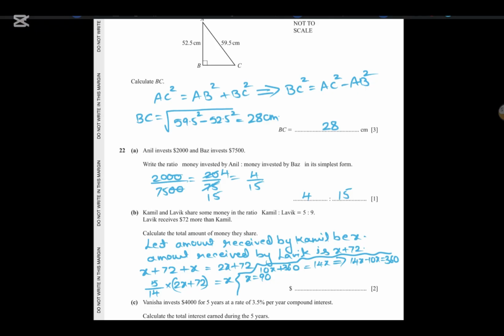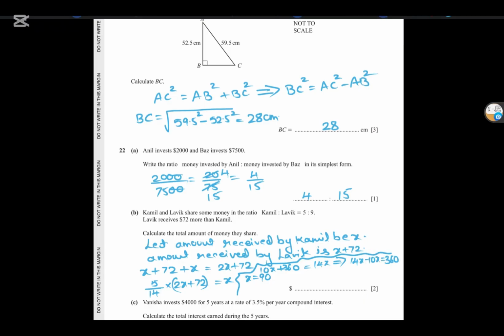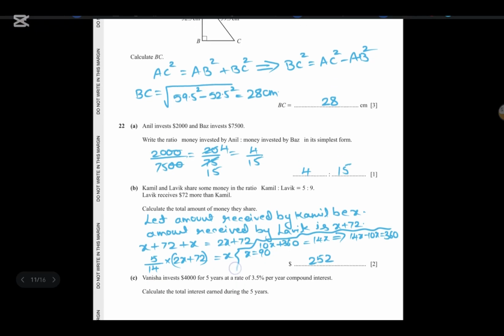When we have to do 2 into x plus 72, 2 into 90 plus 72 is equal to 252. This is the answer, because total amount of money is 2x plus 72. Question number B is done.